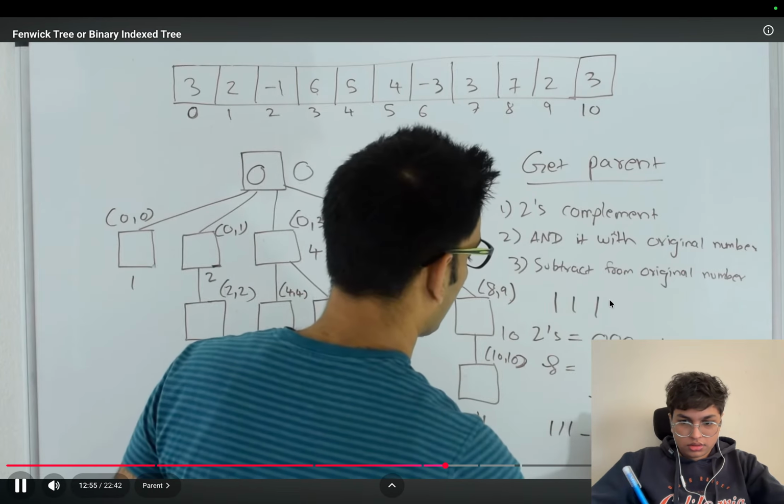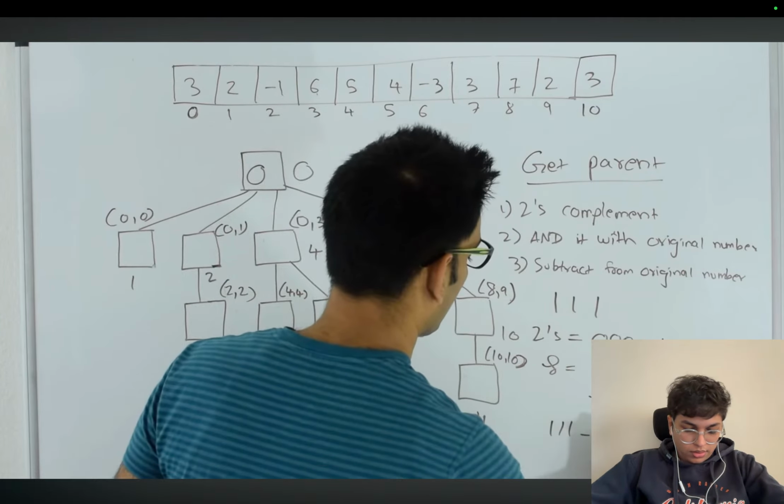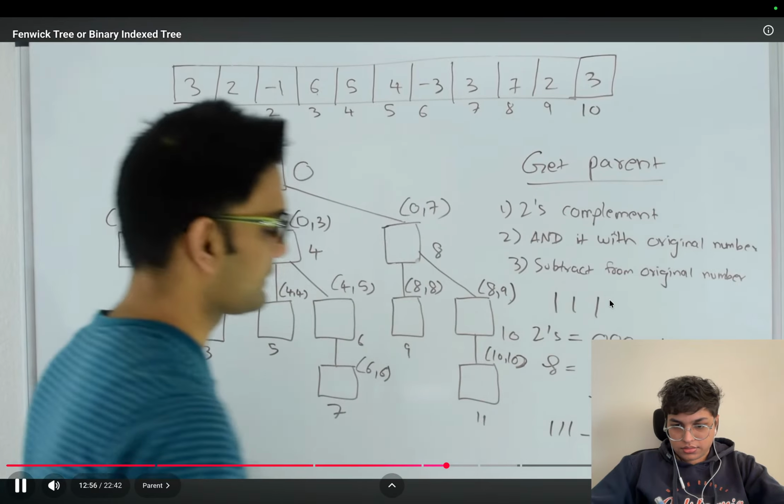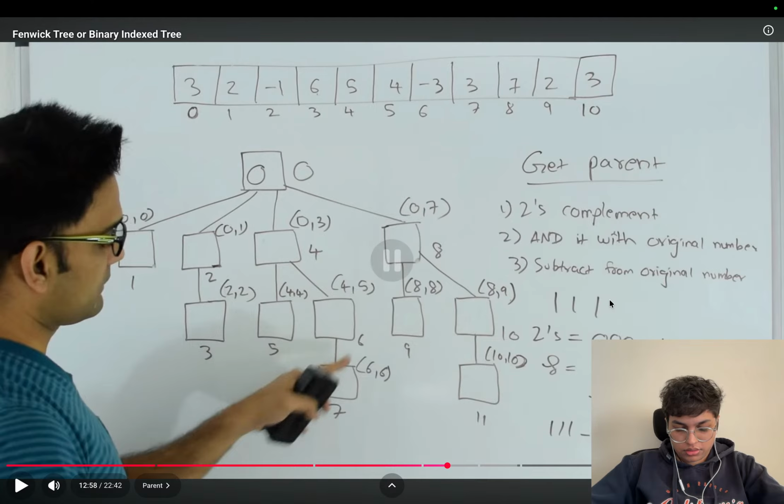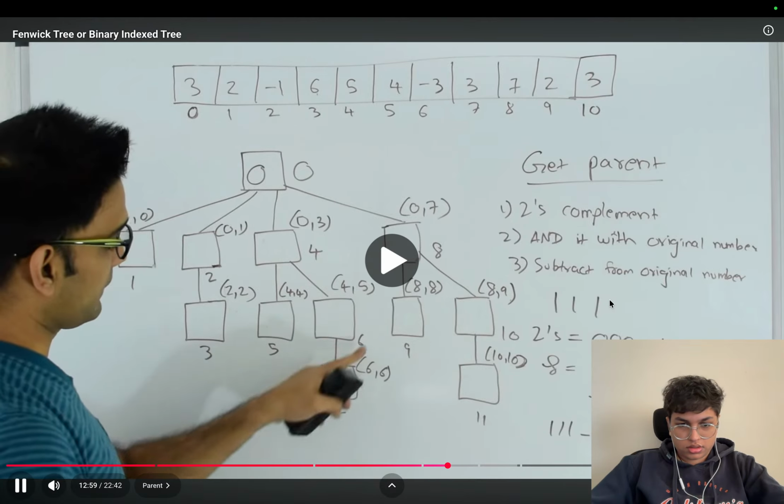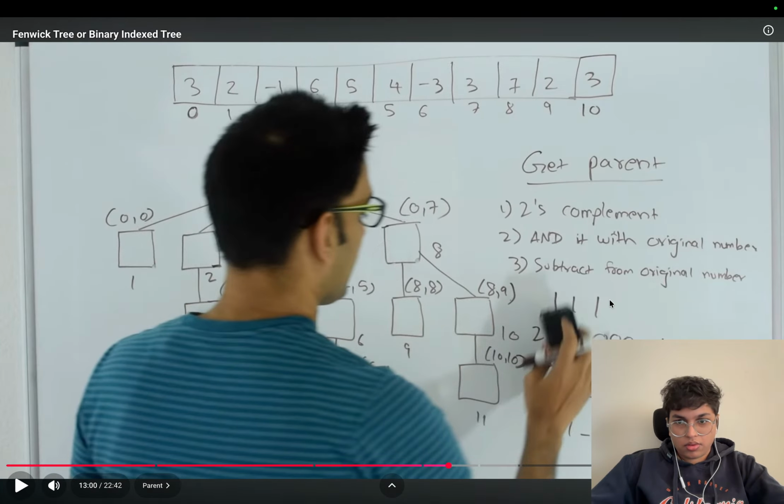1, 1, 1 minus 0, 0, 1, which will be equal to 1, 1, 0. So that's 6, which is why 7's parent is 6. Wow.